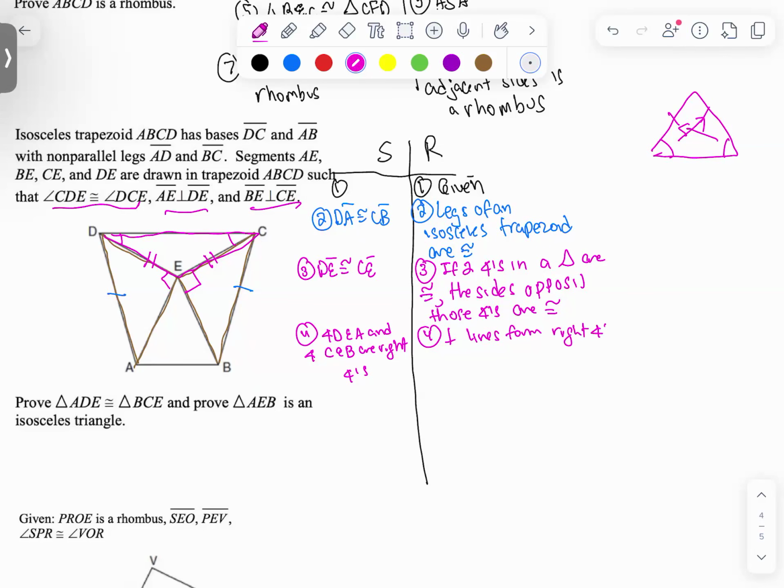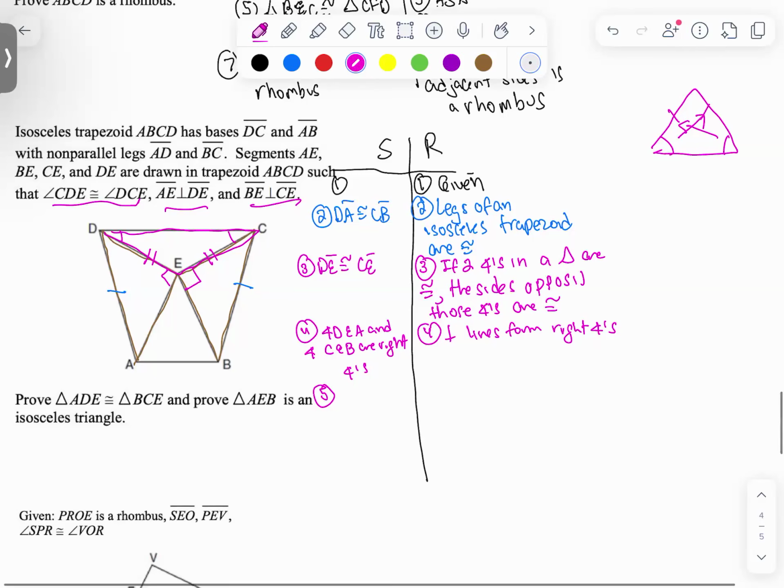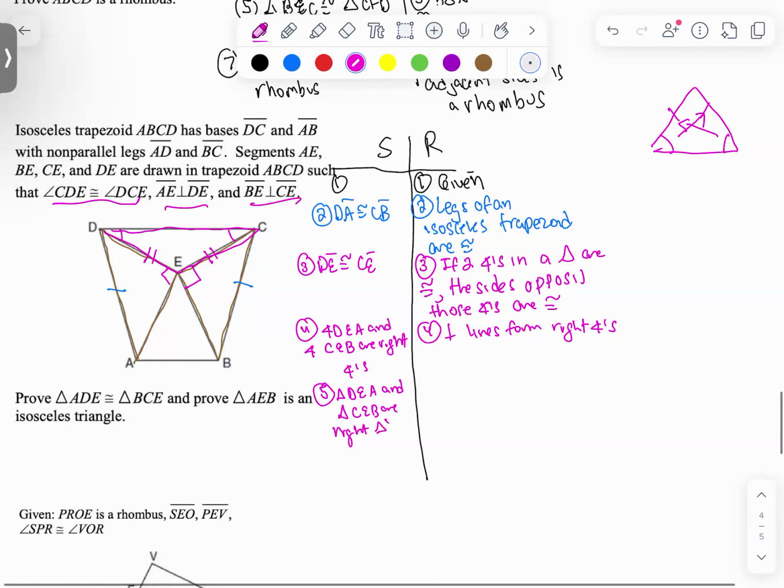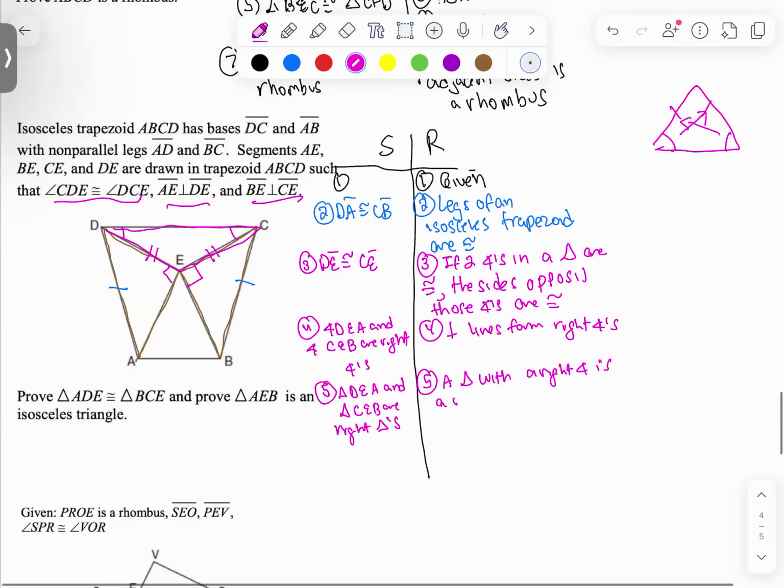So when you're using HL, it doesn't have the name, so you don't need congruent angles, you need right triangles. So instead of saying the right angles are congruent to each other, I'm going to say triangle DEA and triangle CEB are right triangles, as a triangle with a right angle is a right triangle.